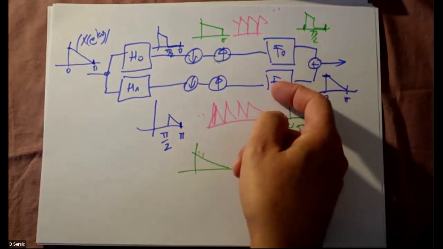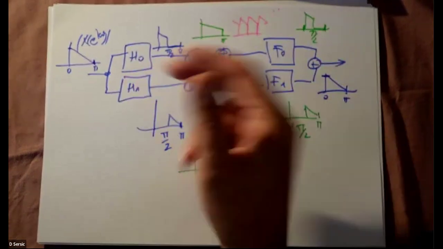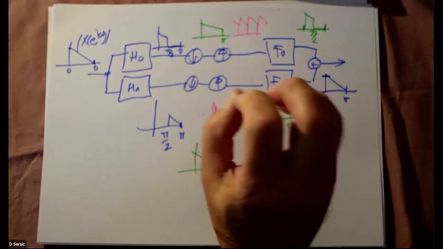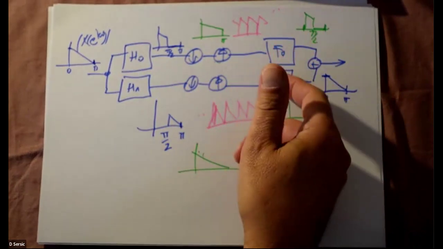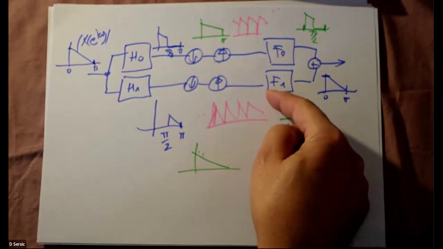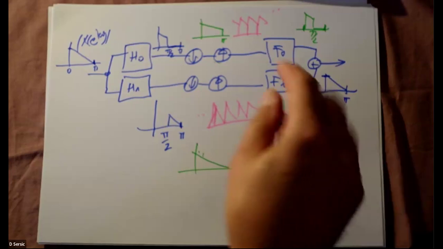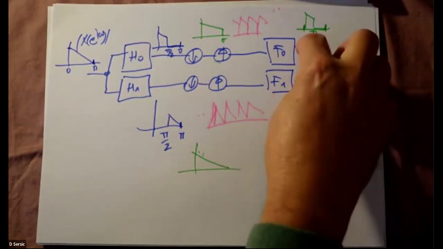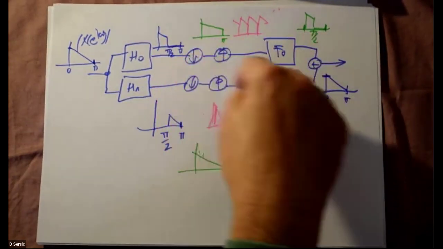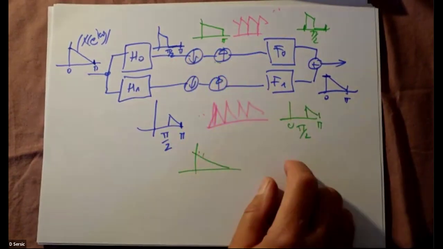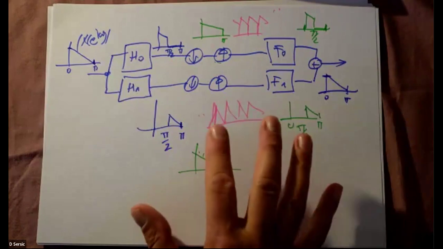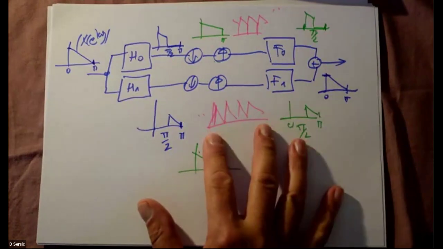F0 and F1 somehow help to go back. They are killing the repeating part, the one that is not something that we want. And finally, we get the same result as if we had no decimators and expanders. So much about ideal filters.